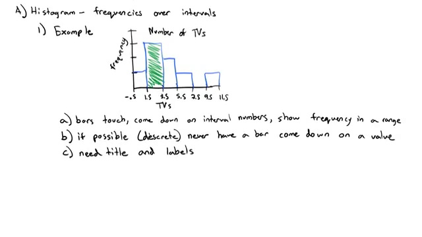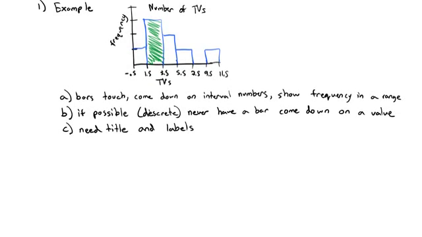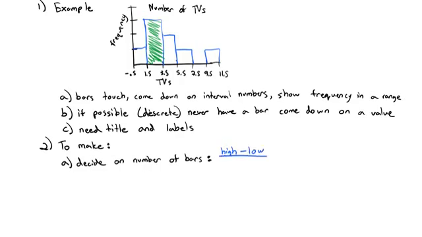So now that we kind of know what a histogram is and what it looks like, showing frequencies over a range, let's look at how to make a histogram. First, we need to decide on the number of bars. Once we decide the number of bars, we'll use this nice little formula where we take the high number minus the low number and then divide by the number of bars.